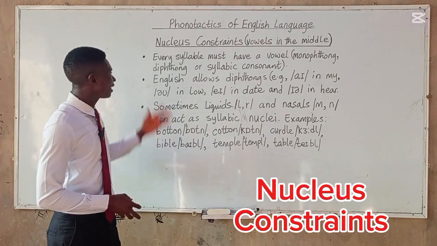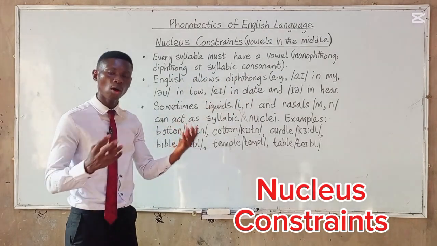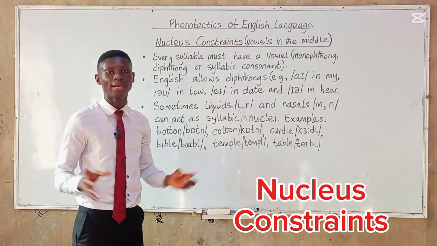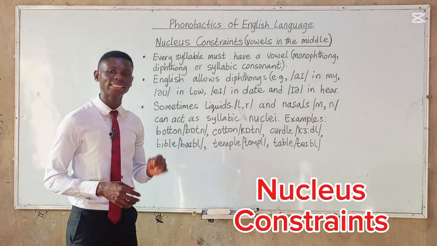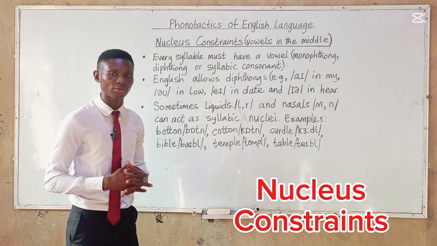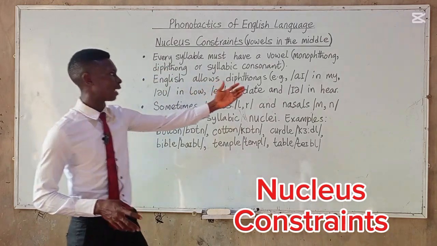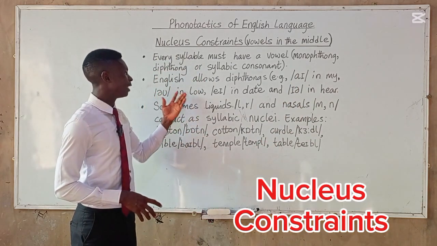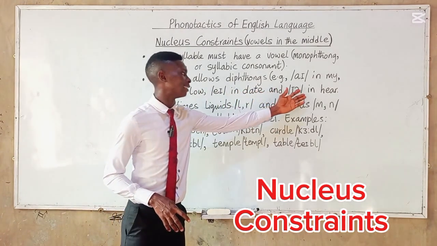Number 2, English allows diphthongs. It is not in all languages that you can have a combination of two short sounds to make a long sound. But in English language, this is permitted. So that's why we have the 8 diphthongs of English language. So English permits sounds like I as in my, L as in low, A as in date, and ear as in here.